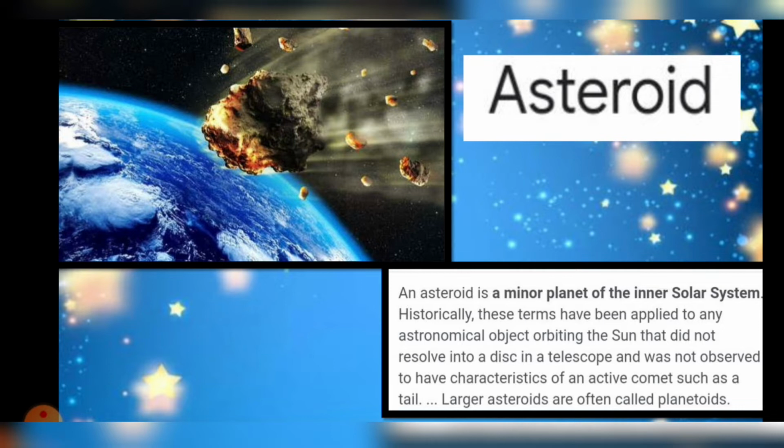Larger asteroids are often called planetoids, and here you can see the asteroids, how they come and they land on the earth. Okay, so it is a minor planet of the inner solar system. So this is about asteroid.